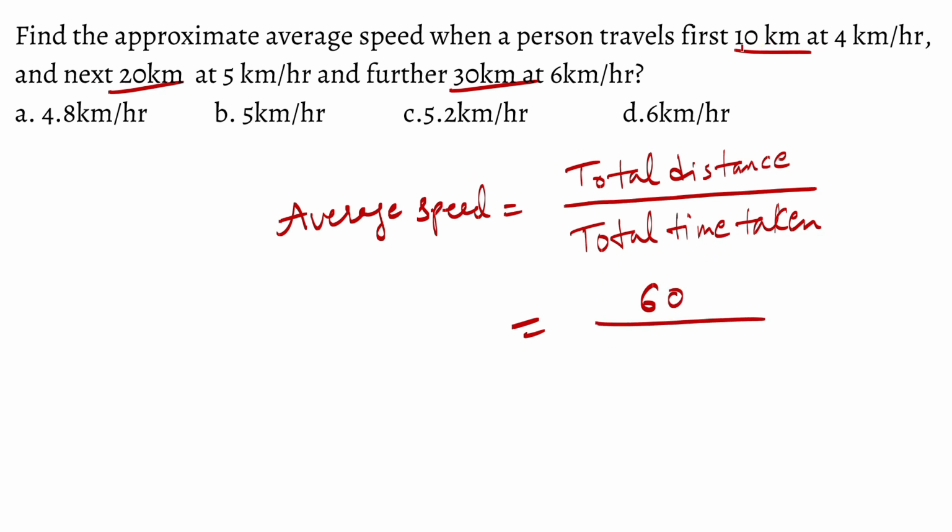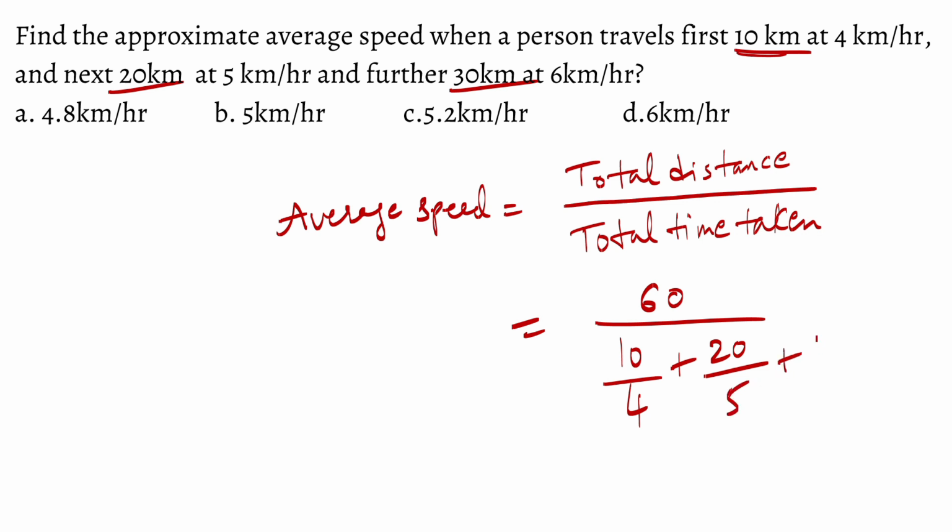We don't know the total time directly, so calculate it. Time will be distance by speed. In the first case, distance is 10 and speed is 4 kilometer per hour. In the second case, distance is 20 kilometers and speed is 5.